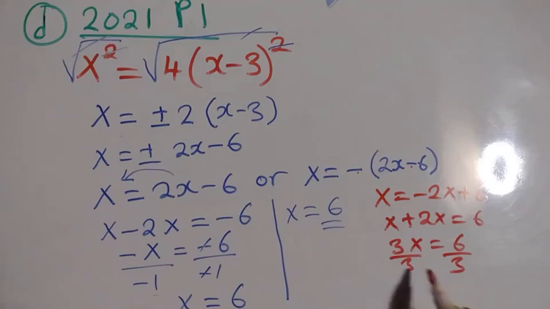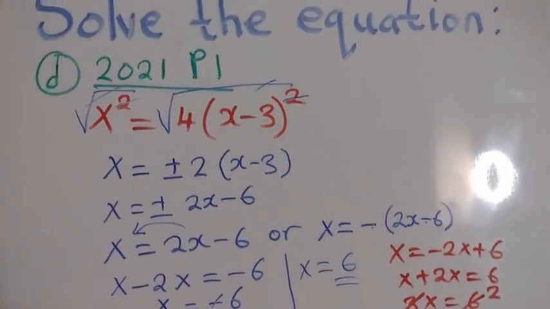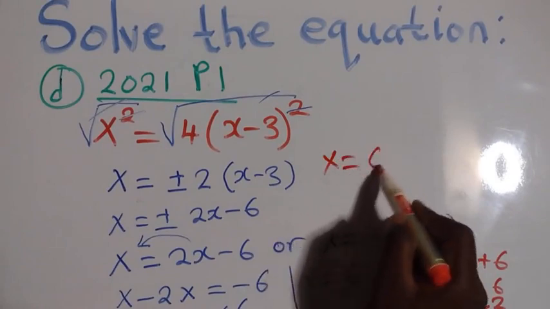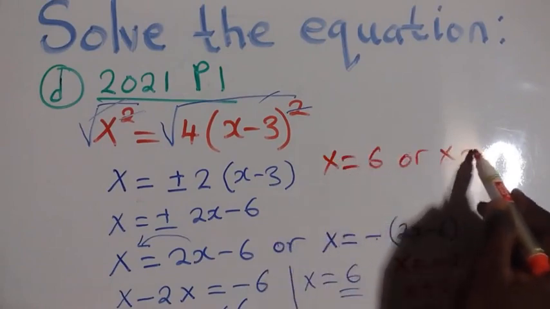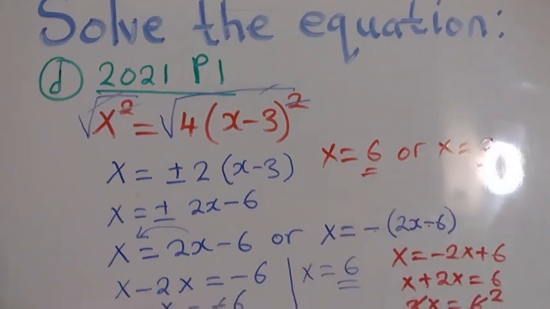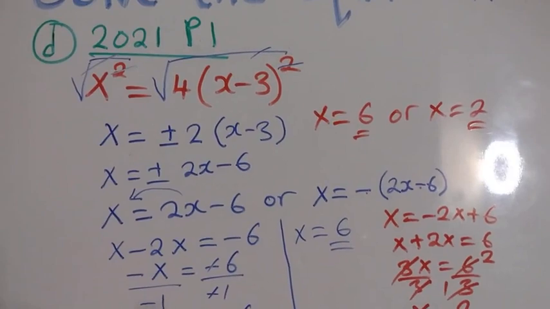So when we cancel this and this, we have x is equal to 3 into 6 is a 2. So x is equal to what? A 2. So we can see that the two possible values of x, we have x is equal to 6 or x is equal to 2. These are the two possible values of what? Of x. So this is our method 1.